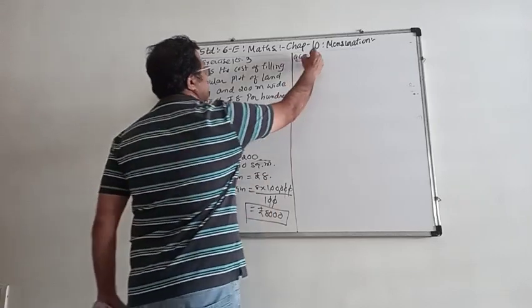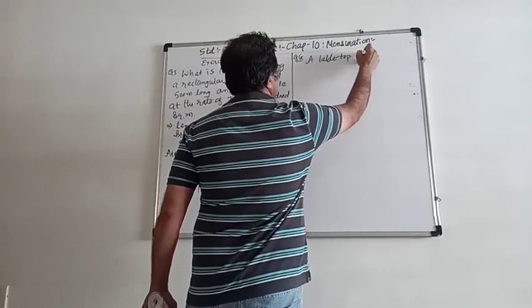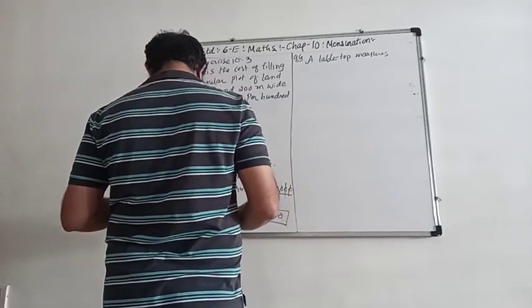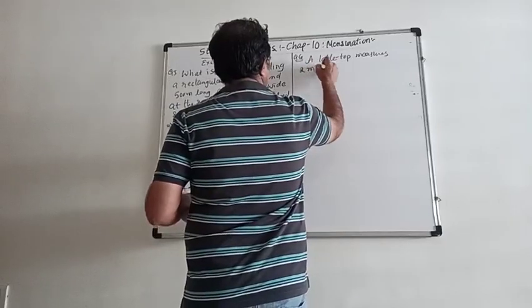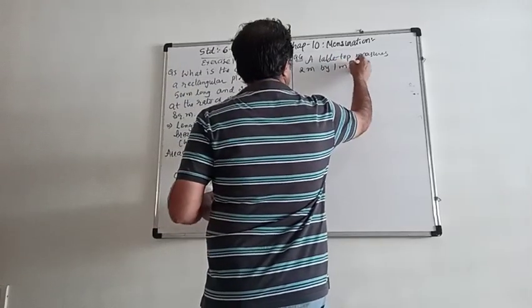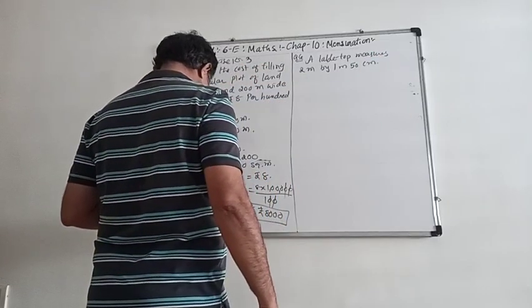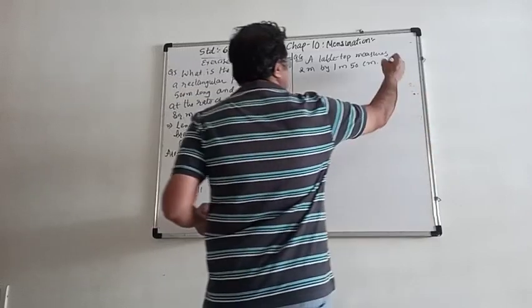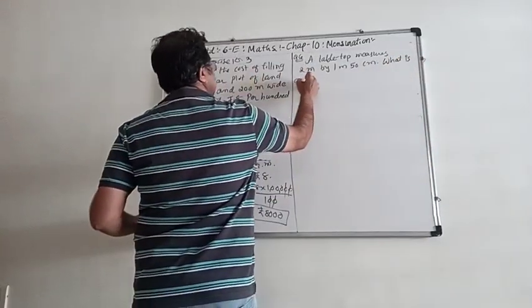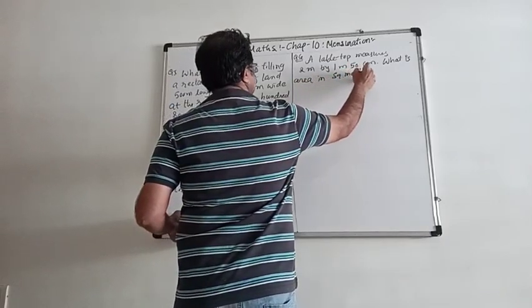A tabletop measures 2 meter by 1 meter 50 centimeter. What is the area in square meters?